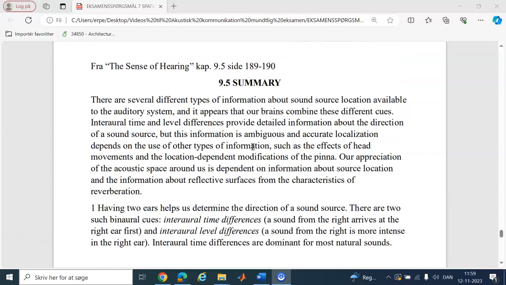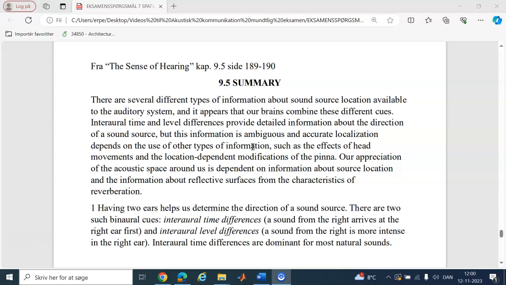For sense of hearing, there are several different types of information about sound source location available to the auditory system, and it appears that our brains combine these different cues.